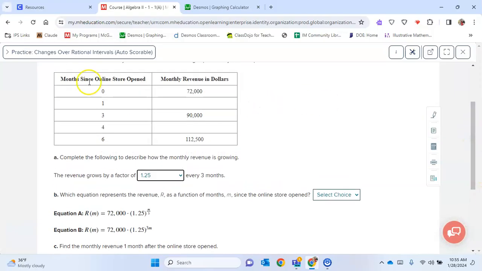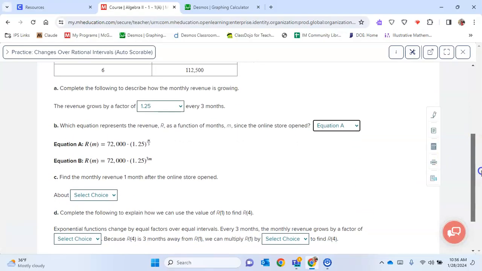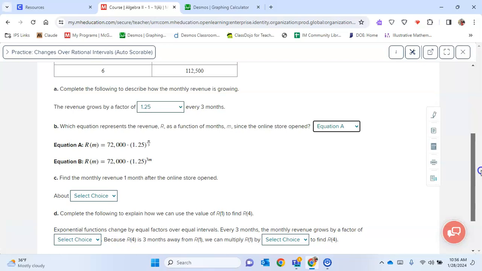If we were to find 1 month, 1.25 to the third power would not be between 72,000 and 90,000. So it has to be equation A. Find the monthly revenue 1 month after the online store opens. So I'm going to replace M with 1.